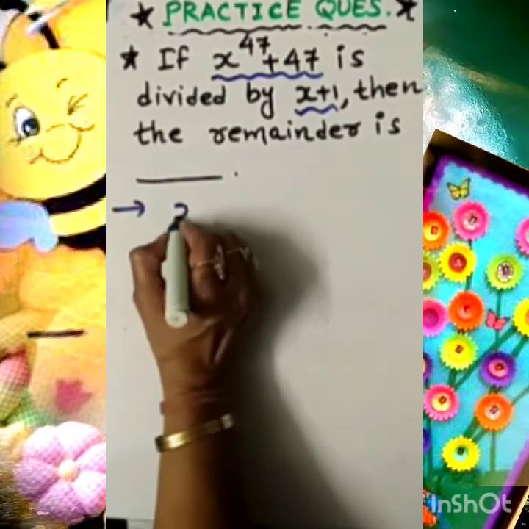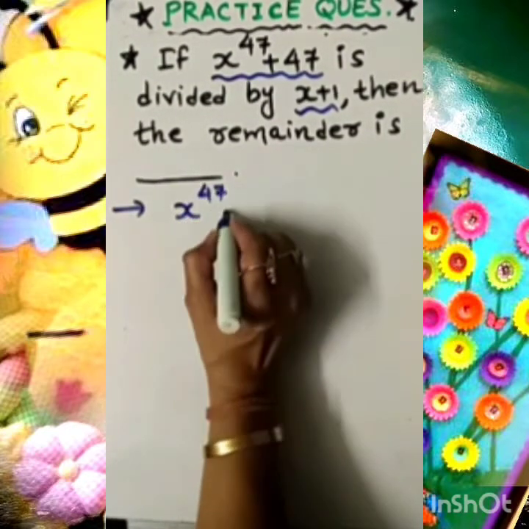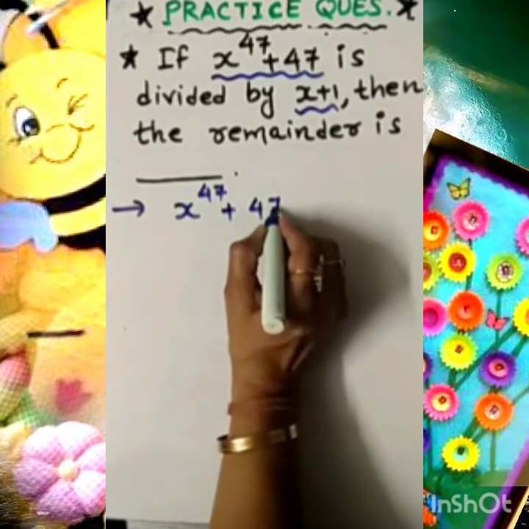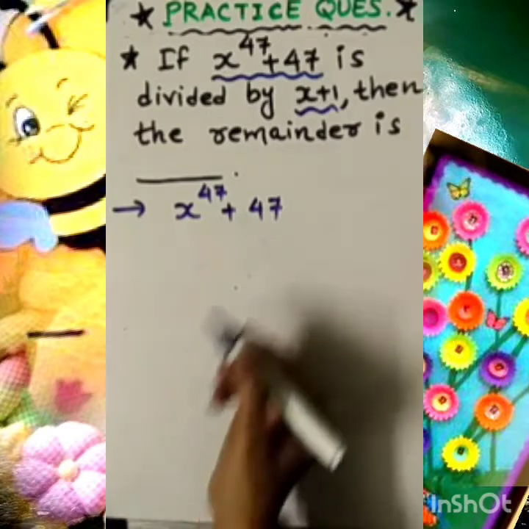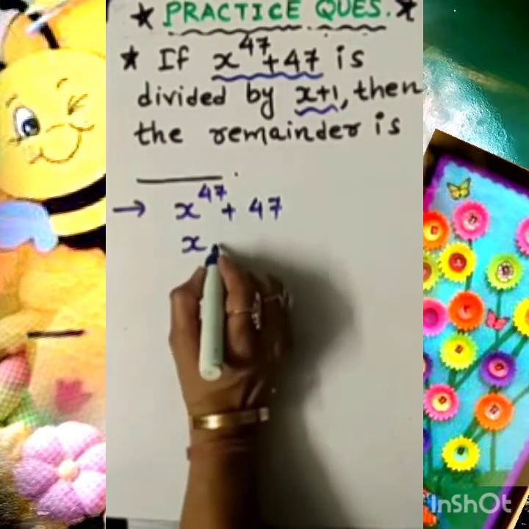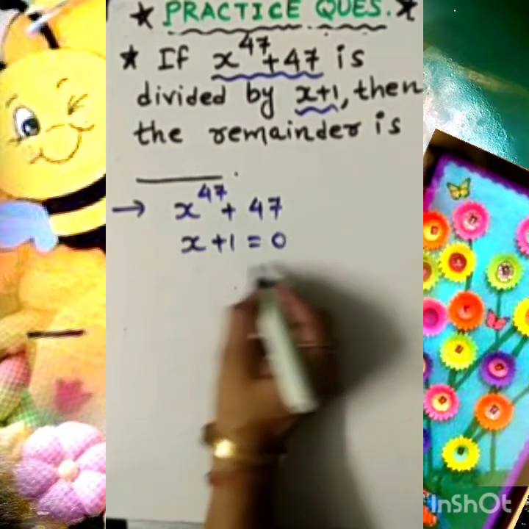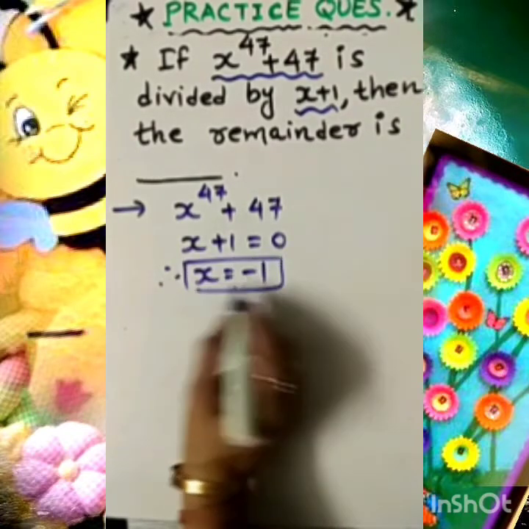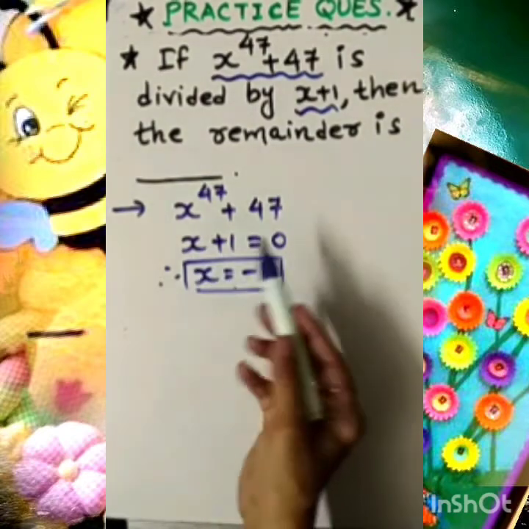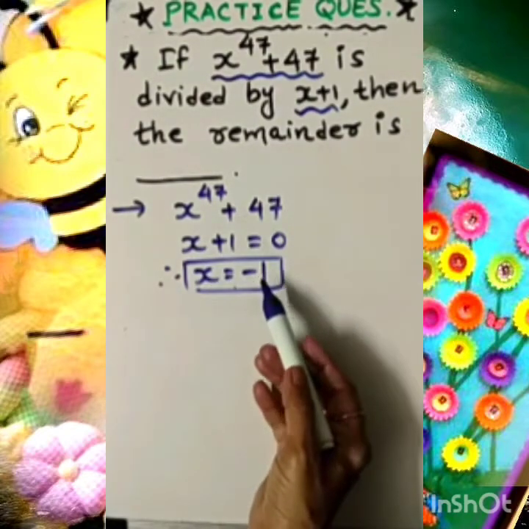In such a case, we put x plus 1 equal to 0. Therefore, what is the value of x? That will be minus 1. This plus 1 will come to the other side and become minus 1.